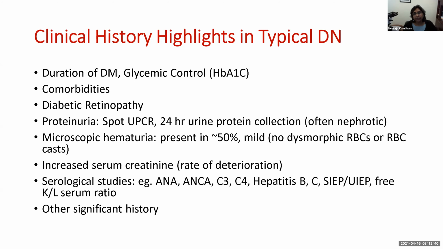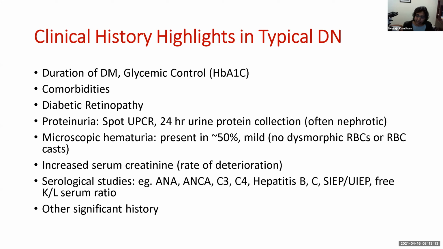So when a renal pathologist gets a biopsy in a patient with diabetes mellitus and we are thinking about diabetic nephropathy, there are a few things we are really looking out for in the clinical history given by your nephrologist. One is the duration of diabetes mellitus, how is the glycemic control, what is the hemoglobin A1C now and in the past, comorbidities, and the presence or absence of diabetic retinopathy.